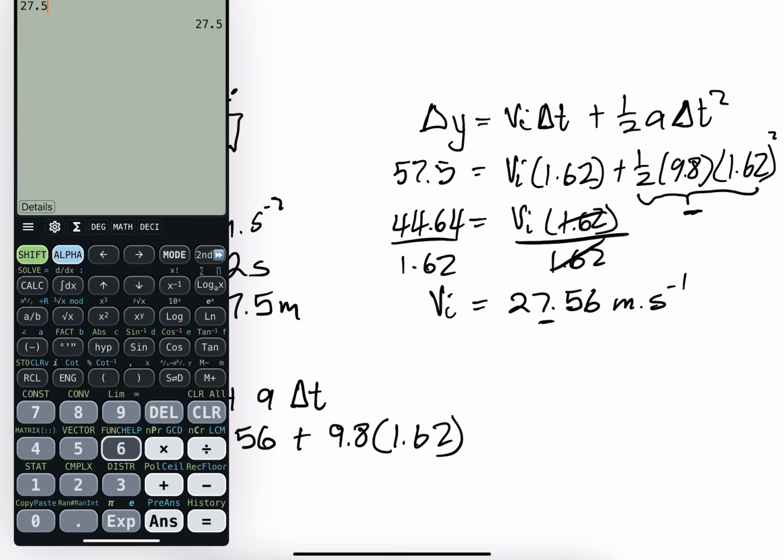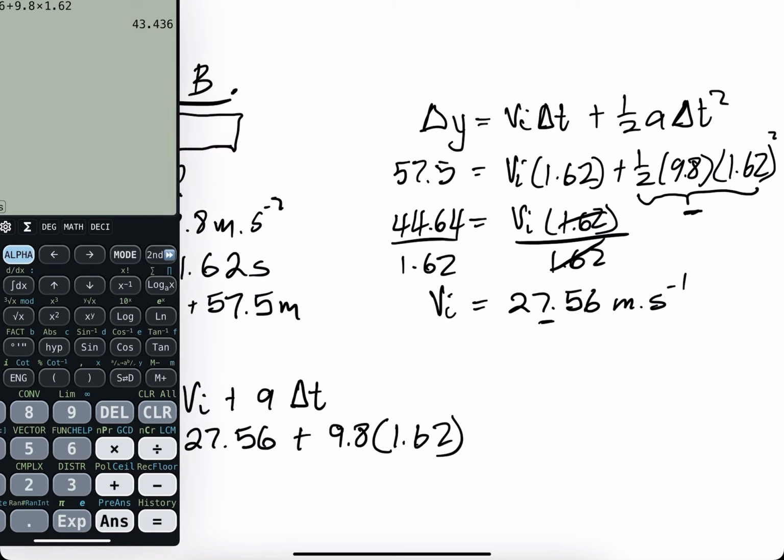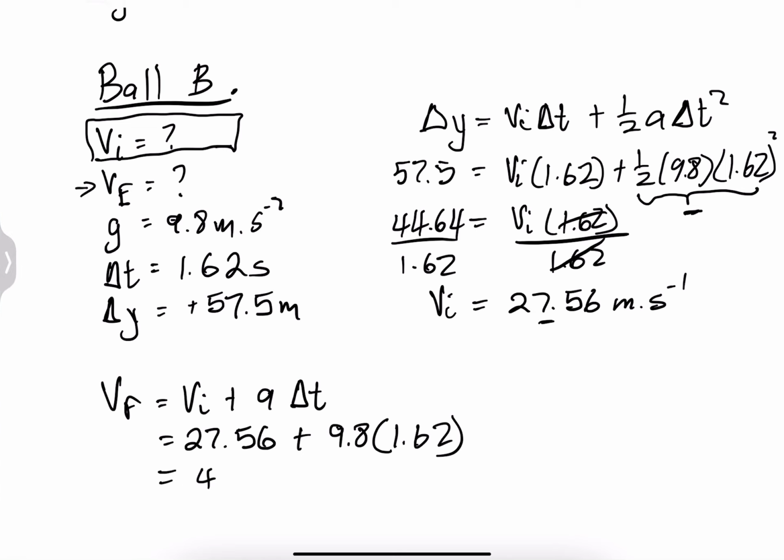So we're going to say 27.56 plus 9.8 times 1.62. Okay, so we get 43.444. Okay, so that's 43.44 meters per second. All right. And by the way, there was no avoiding using that initial velocity. You'll see every single one of the equations does have initial velocity in them. So in this case, you just had to use it.